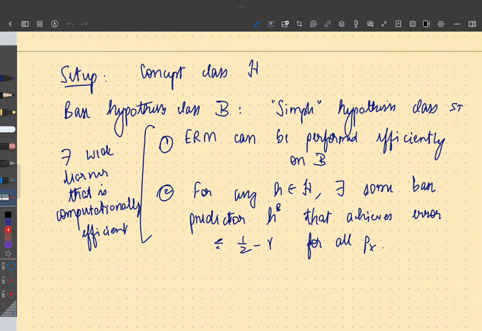So our goal is to somehow combine predictors from the base hypothesis class to produce a strong learner, one which can, let's say, at least achieve a training error that is close to zero. Okay, that's going to be our agenda.